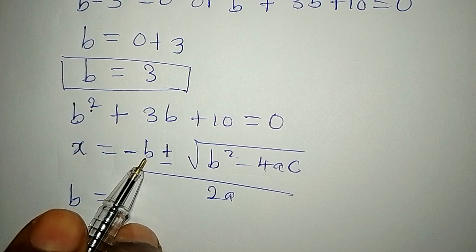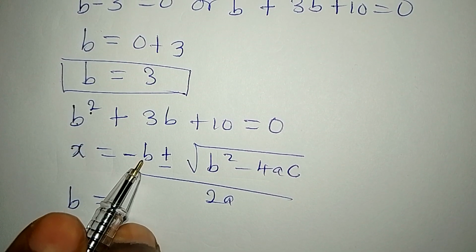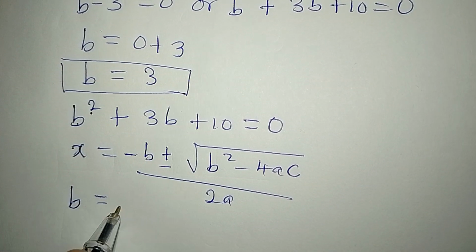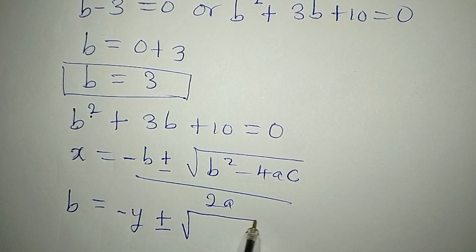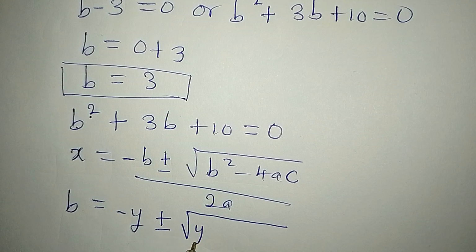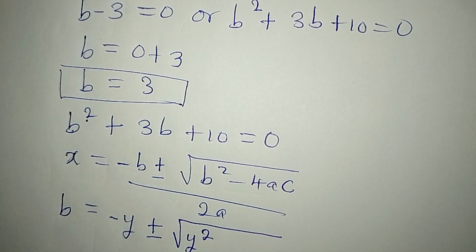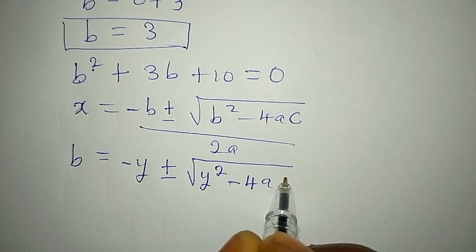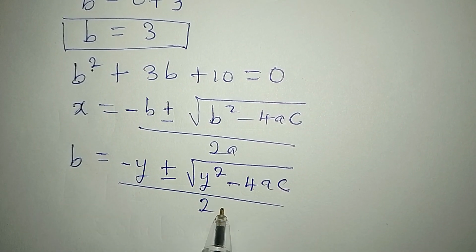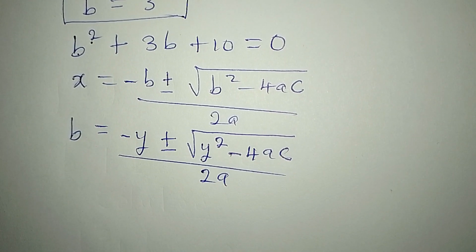In fact, I'm going to change this b to y, so we're having negative y, then plus or minus square root of this b squared will turn to y squared, because b is what we are looking for, right? Then we have minus 4ac all over 2a. So I think it's understandable here.